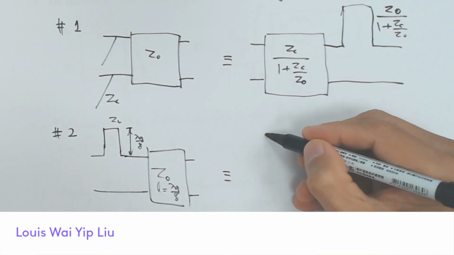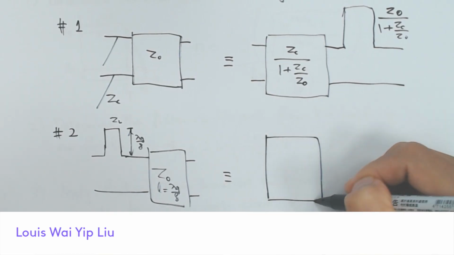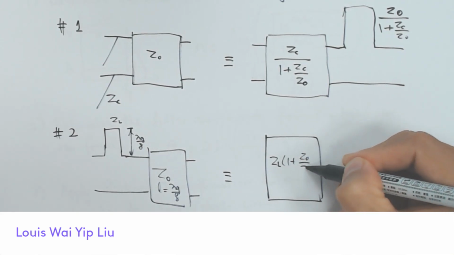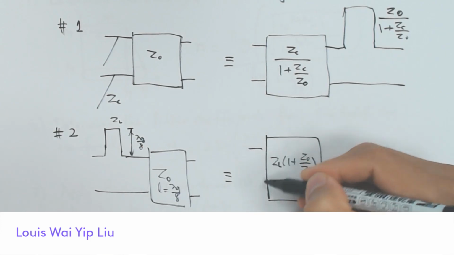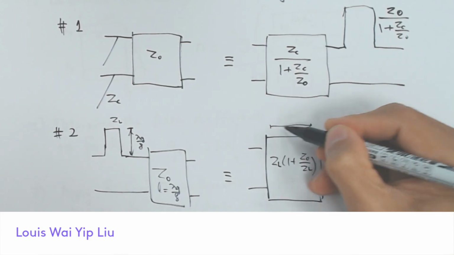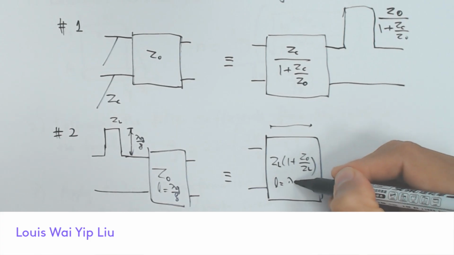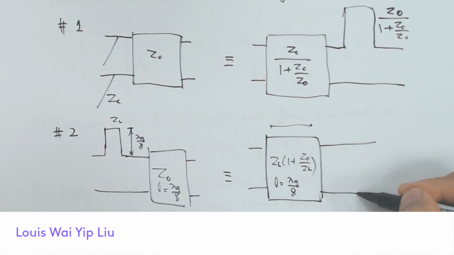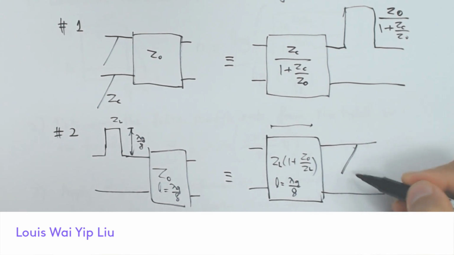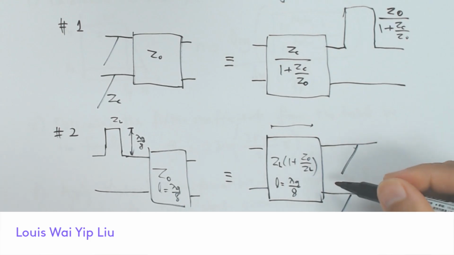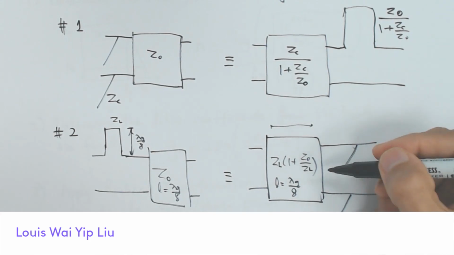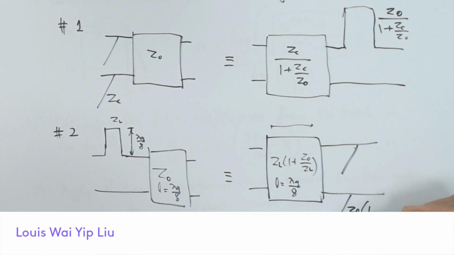If you do it carefully, you will end up with the length here, lambda g divided by 2a, and we will end up with an open circuit stub. This is how we replace all the short circuit stubs with open circuit stubs. So I hope this is the easiest way.